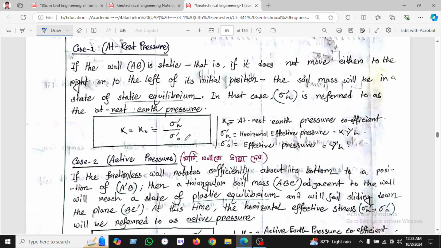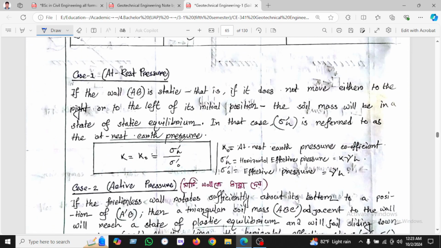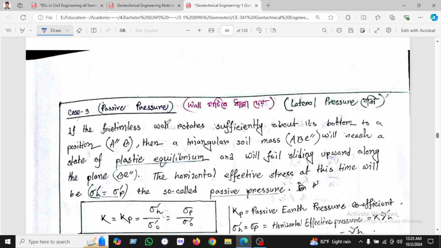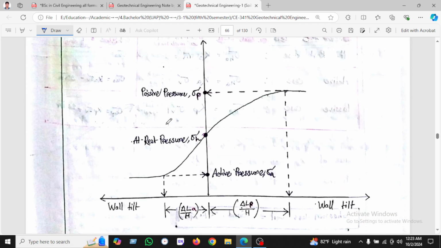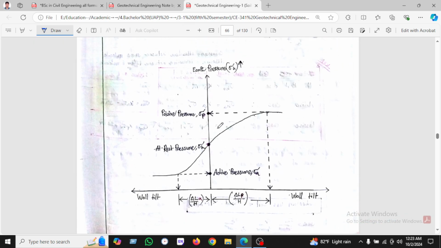Okay, let's start. Here is another relationship between K, sigma v and gamma prime, for case 1 and case 3. Here is another graph. We can see the passive case with the wall tilting to the left side and the wall tilting to the right side.